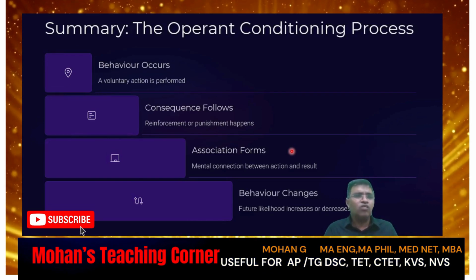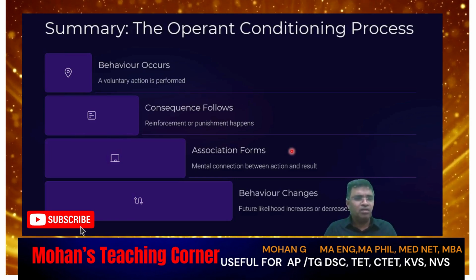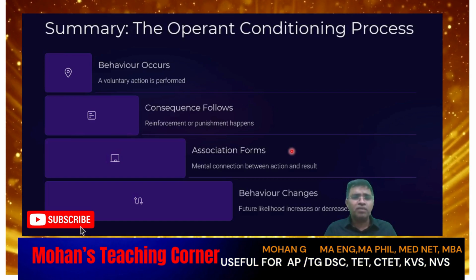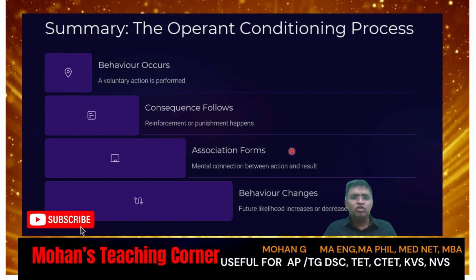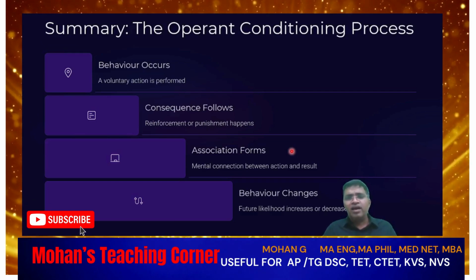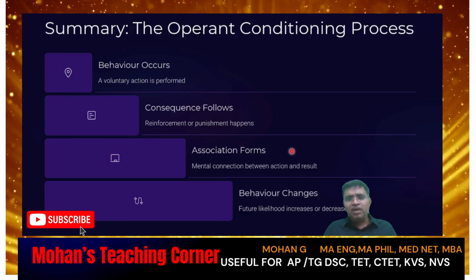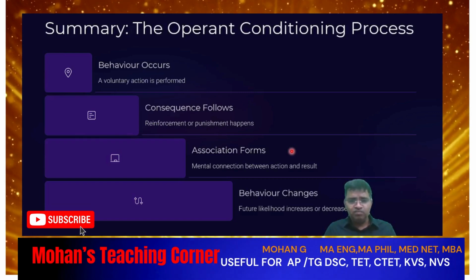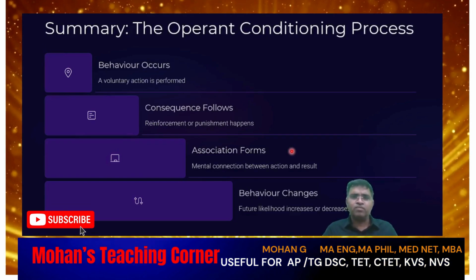A behavior occurs, a voluntary action performed by the rat, and consequences, reinforcement or punishment, happen immediately. Association: a mental connection between action and result. So behavior changes; the future likelihood increases or decreases by way of actions.